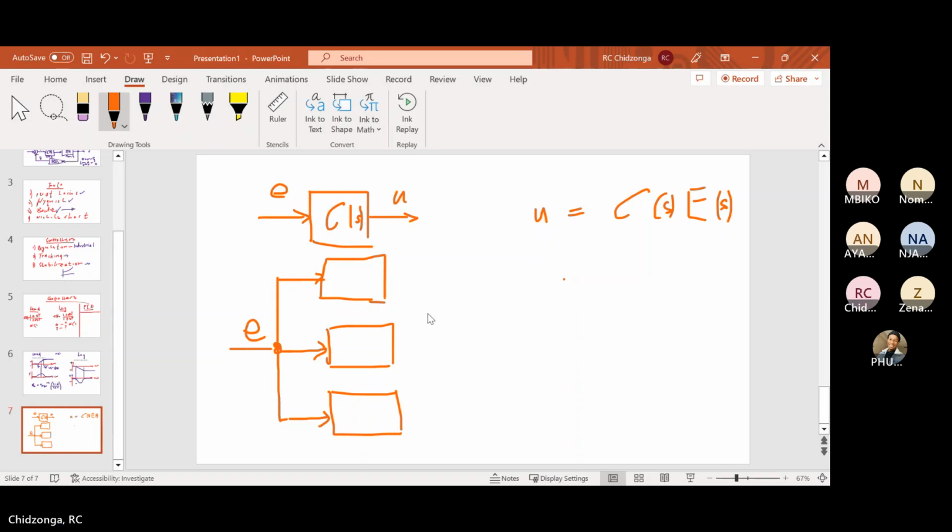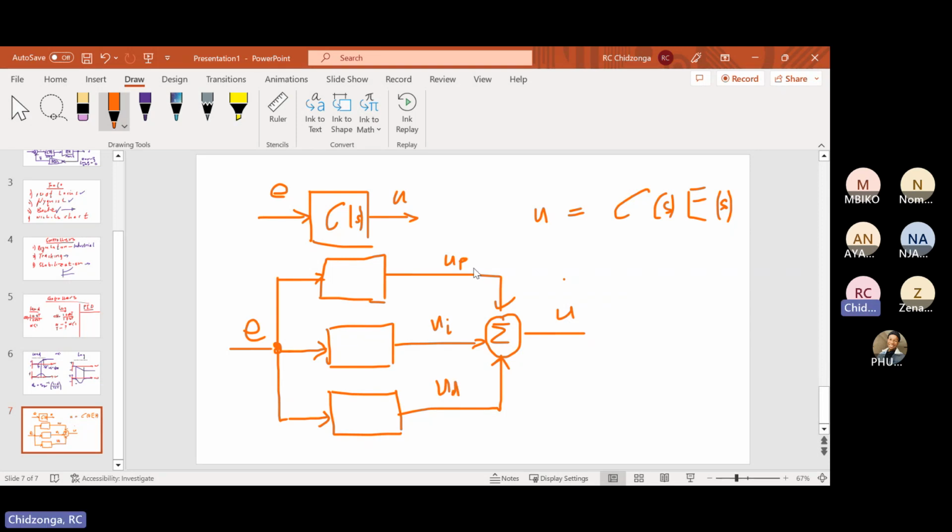But each block gives a different output, and these outputs are added together to produce the control signal, which is U, or called the actuating signal. So we sum all these signals like that. And this output here, let's call it U subscript P, right? This output here, let's call it U subscript I. And this output here, let's call it U subscript D.